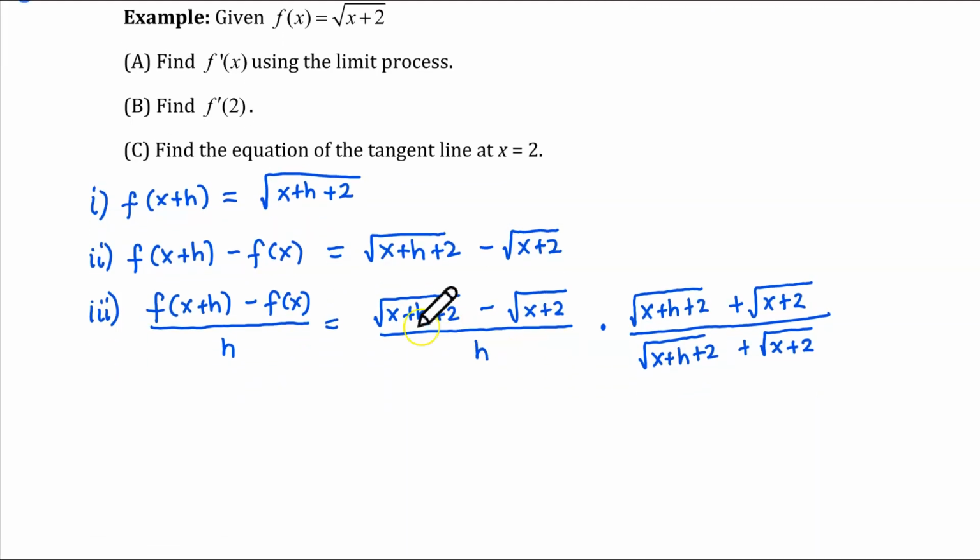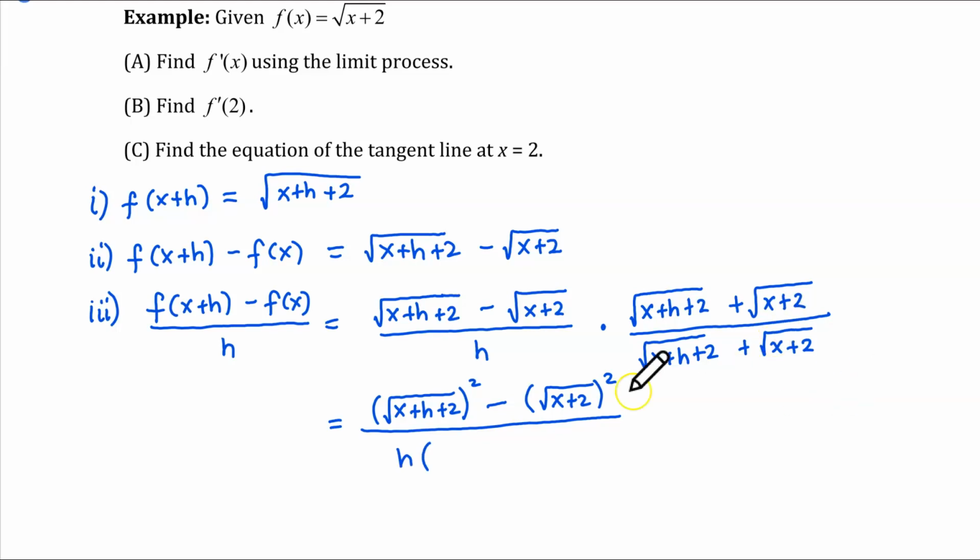Now multiplying these two, you get the square root of x plus h plus 2 quantity squared minus quantity square root of x plus 2 squared, divided by h times the expression here, square root of x plus h plus 2 plus square root of x plus 2.